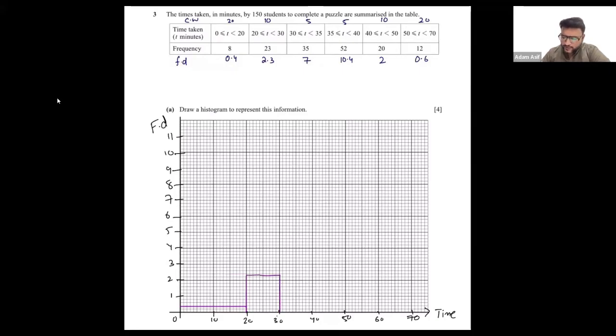Then from 30 to 35, the height is 7. Then from 35 to 40, the height is 10.4. Okay. Then from 40 to 50, the height is 2. Then from 50 to 70, the height is 0.6. That's your histogram. Clear?